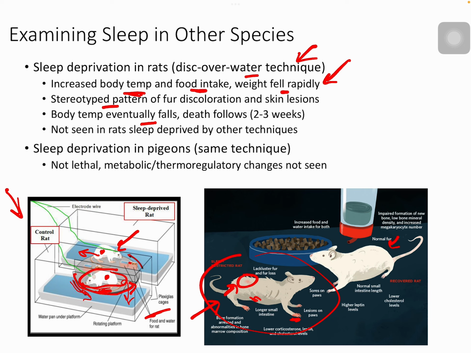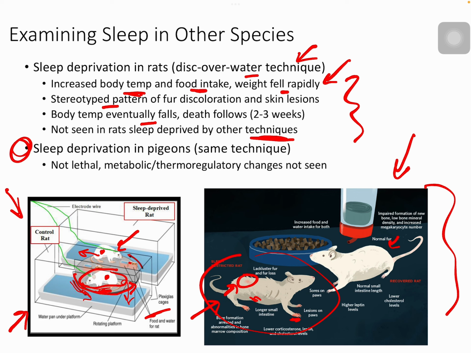Now, we cannot seem to replicate these kinds of results with other techniques. And so if we deprive using other ways, we don't get this same sort of set of results. Okay, so it's very interesting. Why is it that this particular technique with this particular animal, just with rats, seems to lead to these particular results?